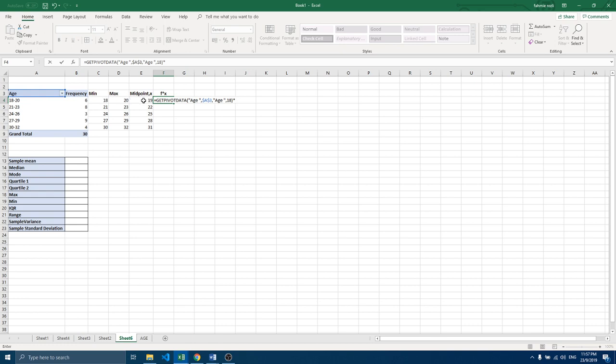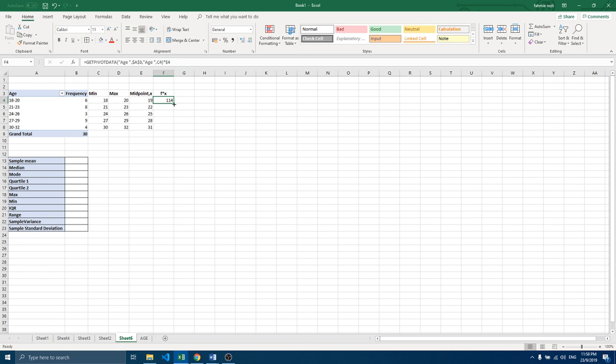X is a midpoint, which is 19. Okay, so from here, if you have this 18, change to your minimum. Click your minimum and enter. So f 6 multiply with 19 is equal to 114.